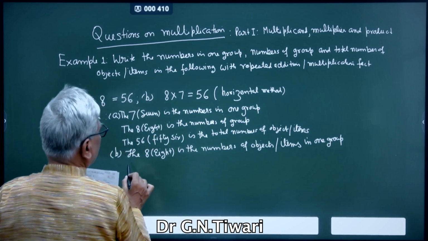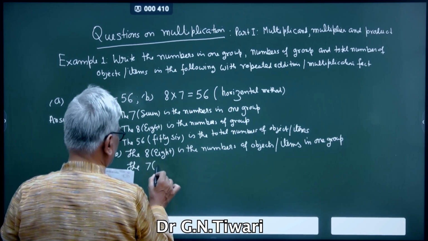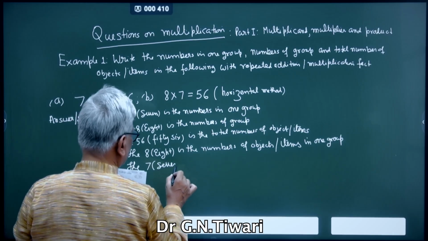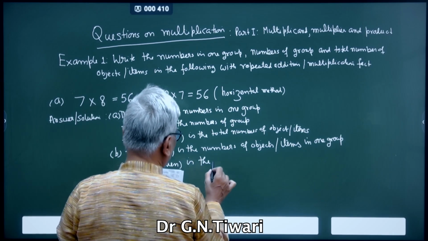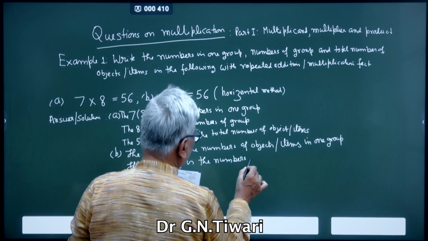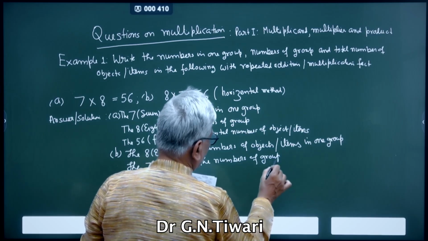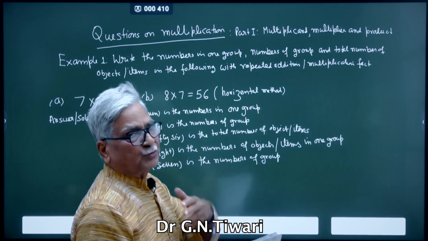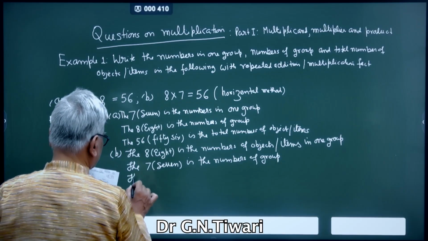And this 7 is the number of groups. Group can be more than one, so plural. And the 56 is the same.